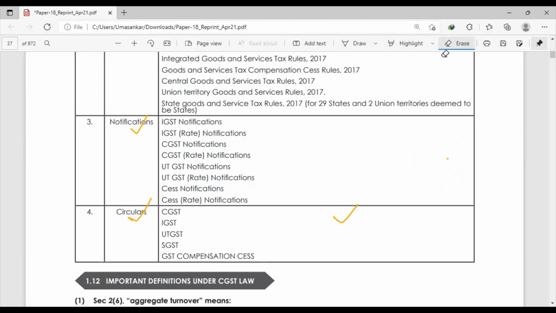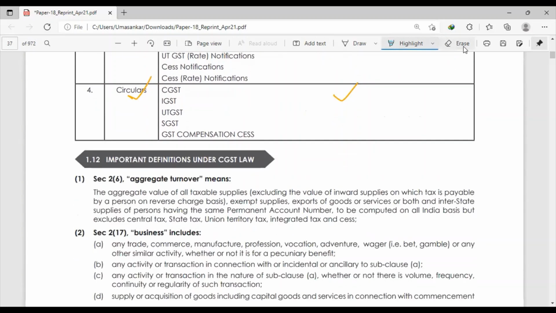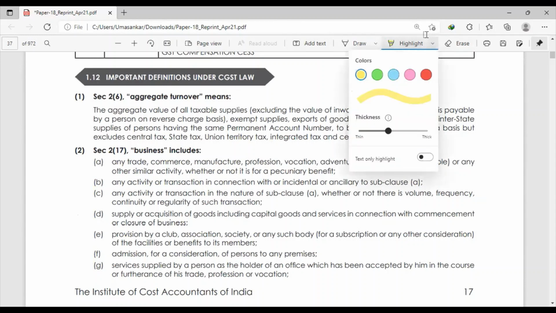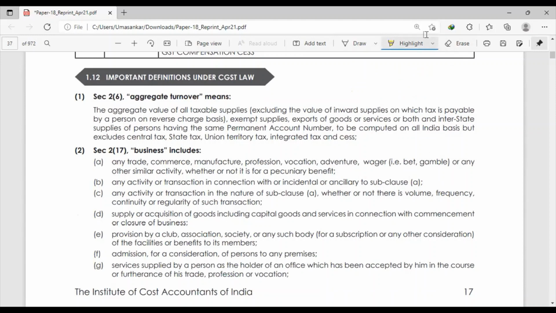Important definitions under GST law. These are the most important. Okay, consider this. First, the definition in section 2 subsection 6, that is aggregate turnover. What do you mean by aggregate turnover? You might know turnover means sales or revenue. But we are considering here aggregate, which means the sum total.